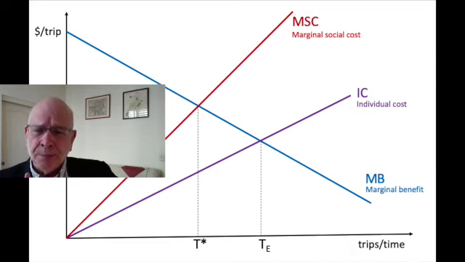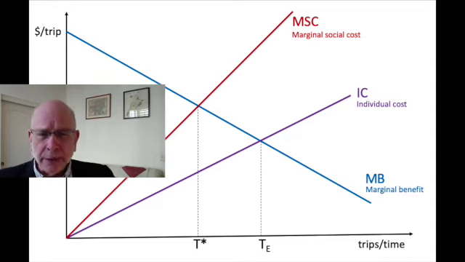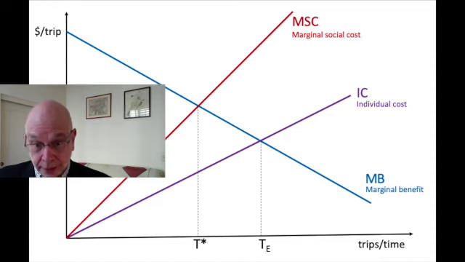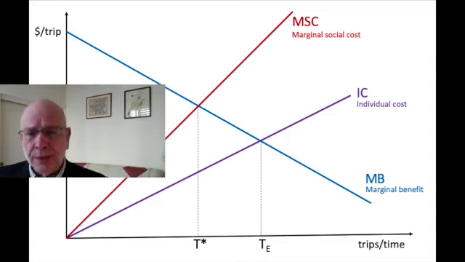So that driver is looking at their own marginal benefit and comparing it to the cost that they anticipate they will incur, and they're accurate about this. So that point is at TE, as we see here.